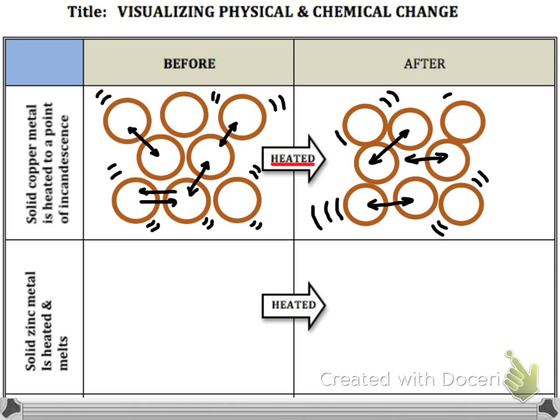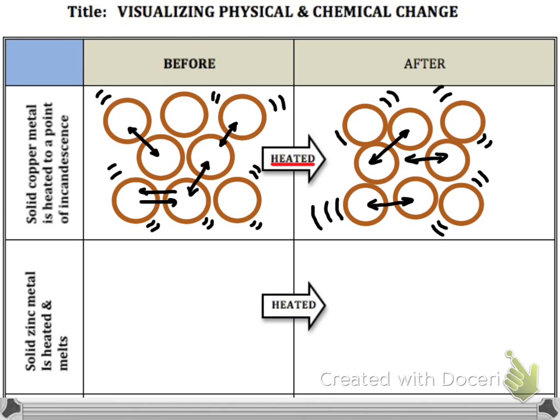And if we cooled it back down, the atoms would slow down. There are some changes that might occur, like it might expand by a tiny amount, but on the whole, these atoms have remained the same, and if we reverse the process, the material basically is unchanged. And so this is an example of a physical change.